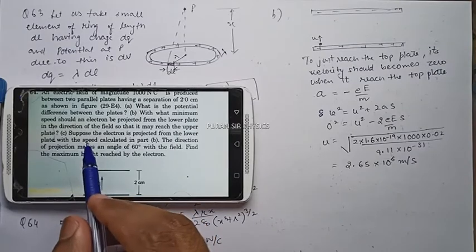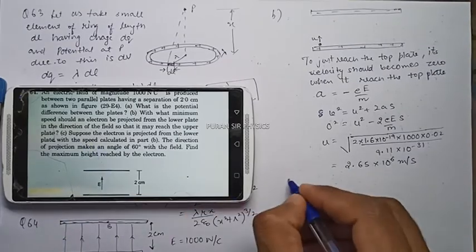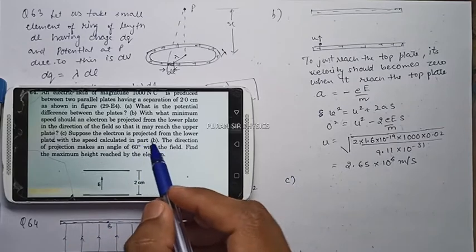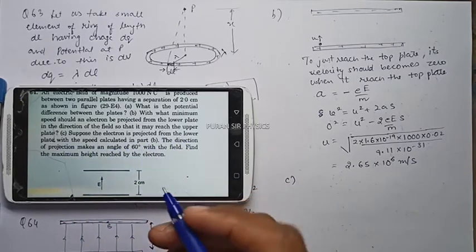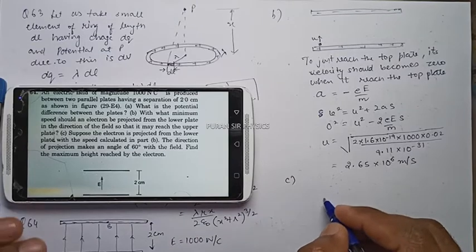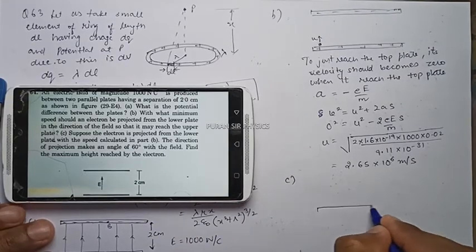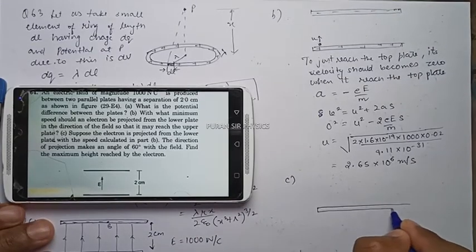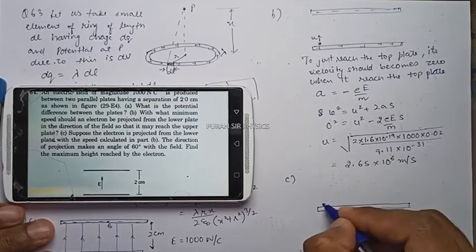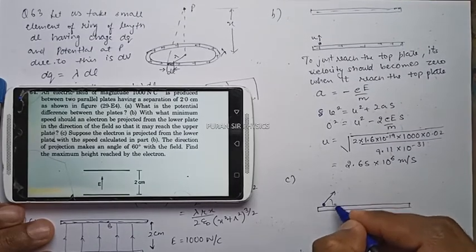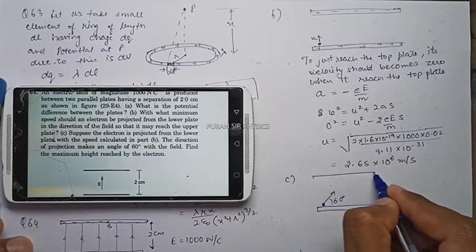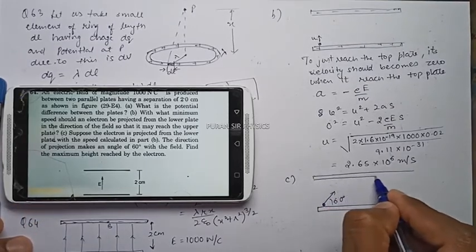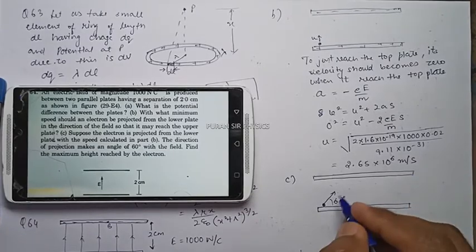So in the C part, suppose the electron is projected from the lower plate with the speed calculated in part B. So now in this problem, the electron is projected with an angle of 60 degree with the horizontal.